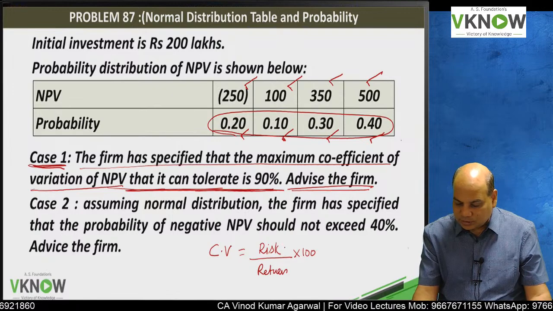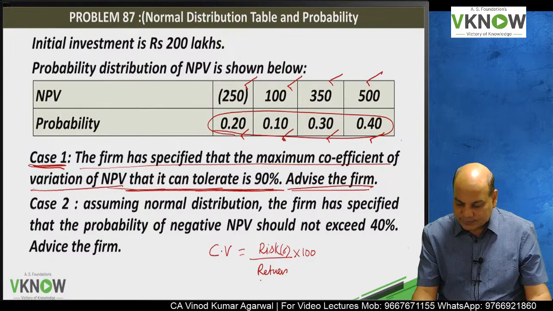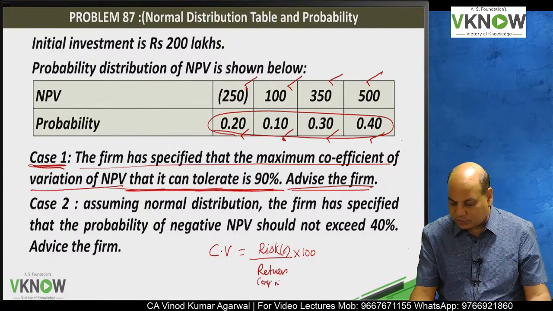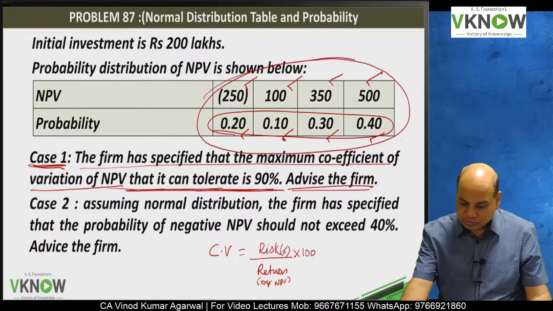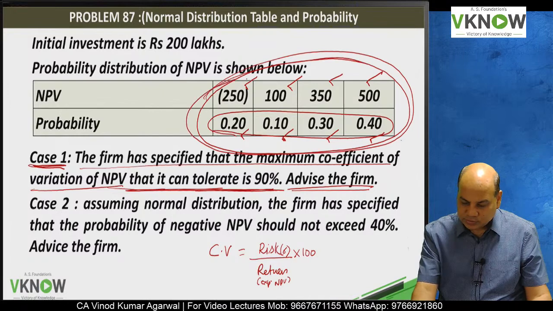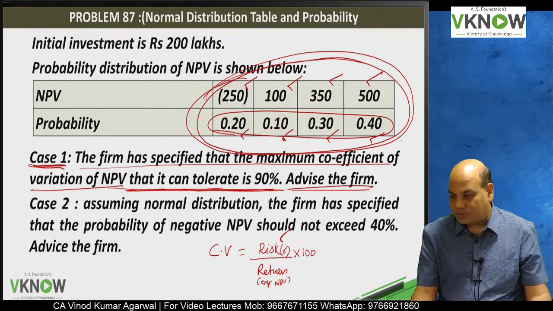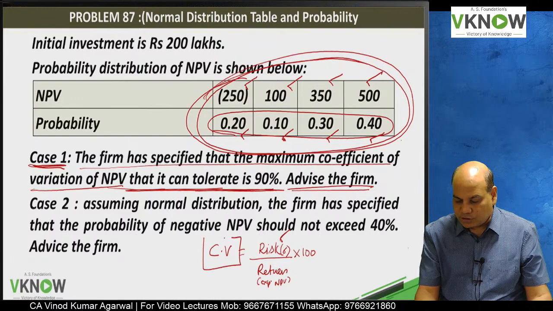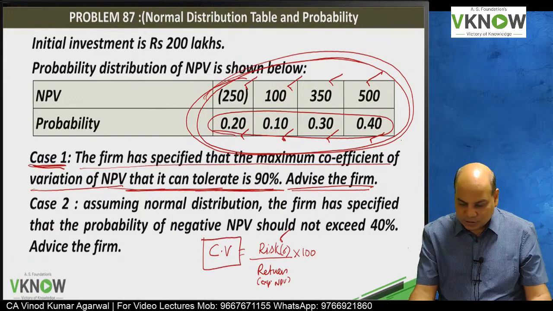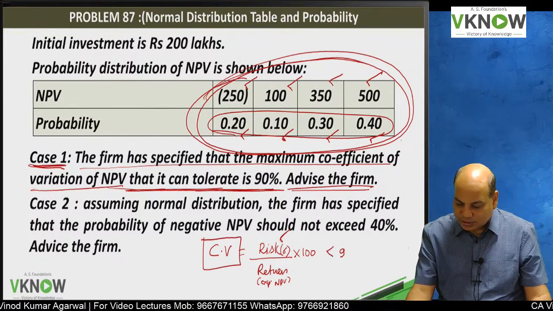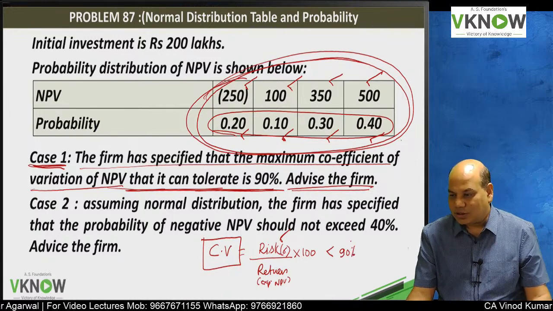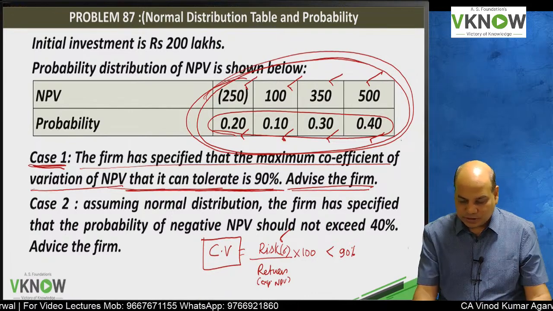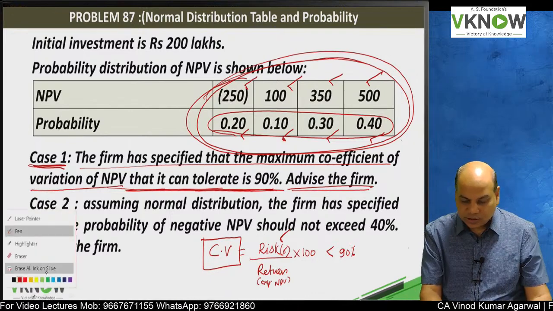Risk means standard deviation and return means expected NPV. So for expected NPV, I need to multiply these two, and using the same data, I will compute the standard deviation, then compute coefficient of variation. If this is less than 90%, project will be accepted. If it is more than 90%, project will be rejected. My tolerance limit is 90%.